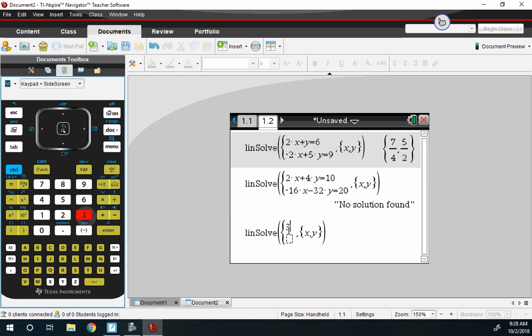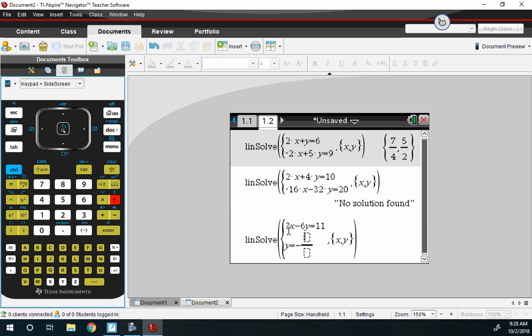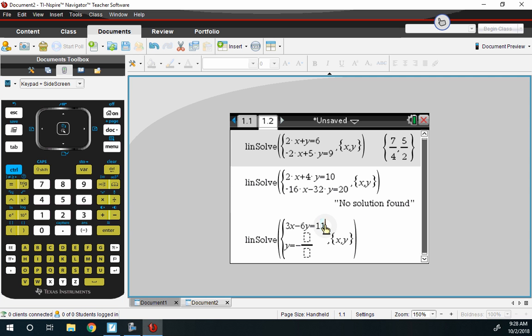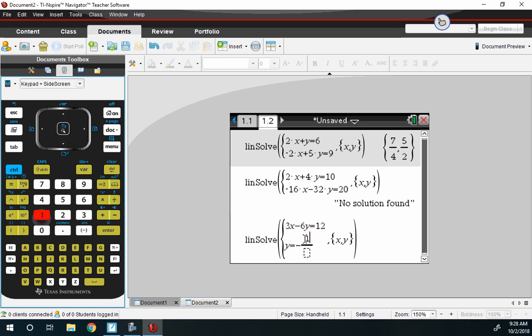Let's see, 3x minus 6y equals 12, and y equals 1/2 x minus 2. So there's the 12, there's the 1, there's the half, and I got x minus 2.